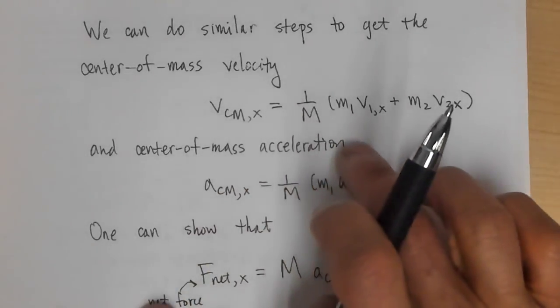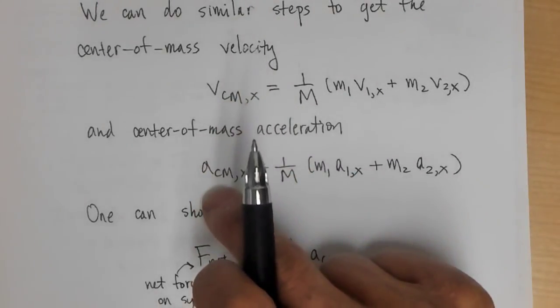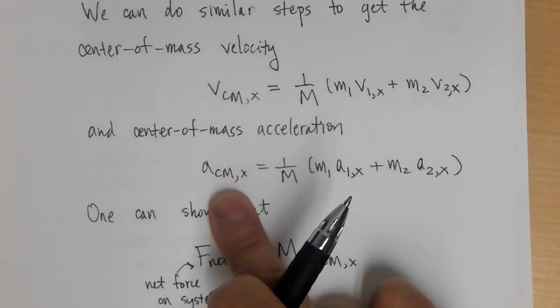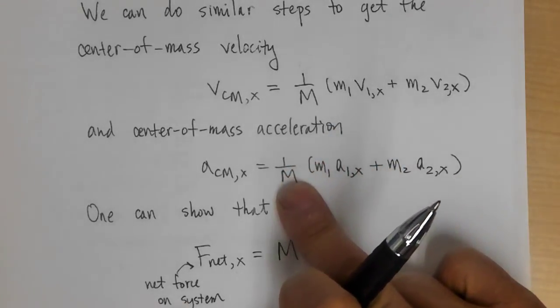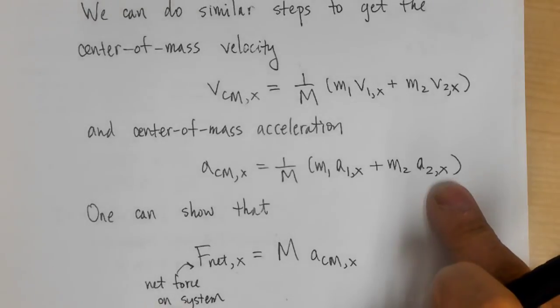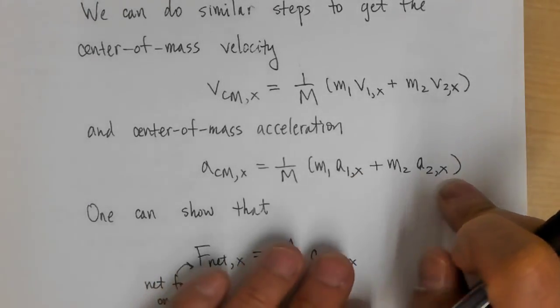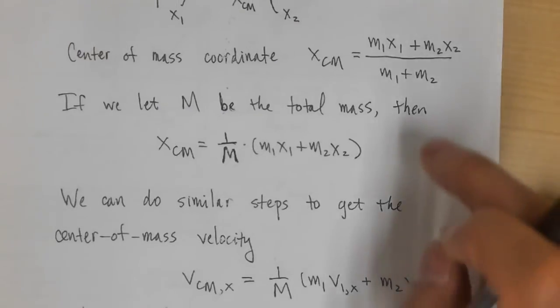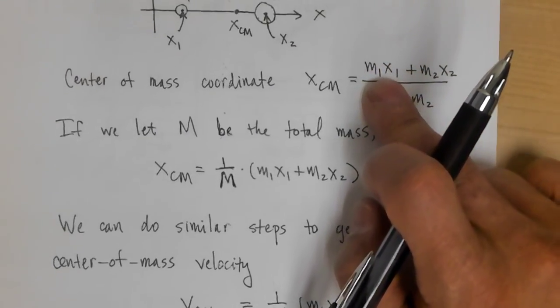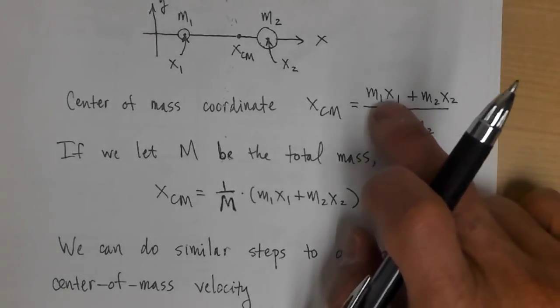If you take another derivative, you can get the center of mass acceleration. So if I take the derivative, I get the acceleration of the center of mass: 1 over capital M times m1 a1x plus m2 a2x. That uses the acceleration of particle 1 plus the acceleration of particle 2. So the structure is very simple. You just weight the quantity you're measuring by the mass of the particle.